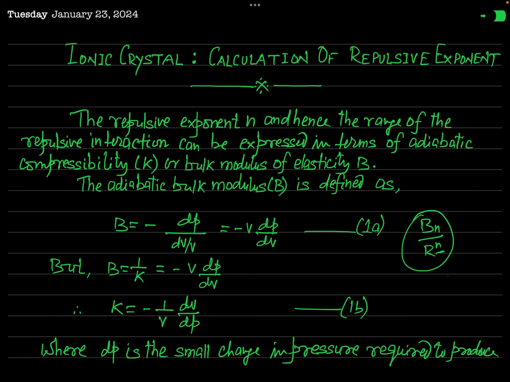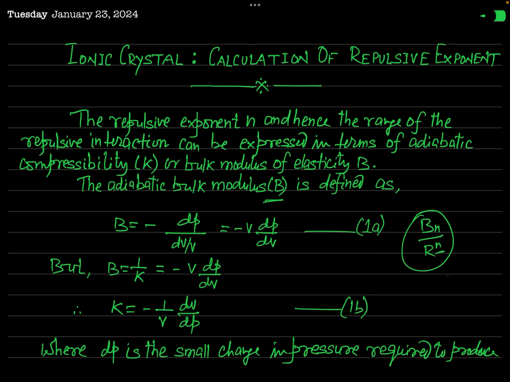So we will start to calculate it from the basic definition of the bulk modulus of elasticity of the material, or the adiabatic compressibility of the material. When you say adiabatic bulk modulus, it means our system is not exchanging heat energy with its surroundings.